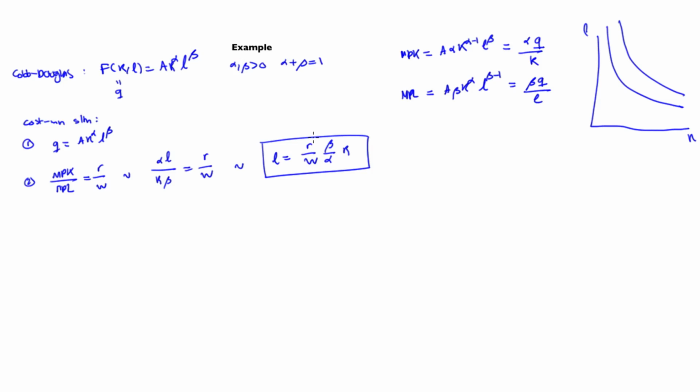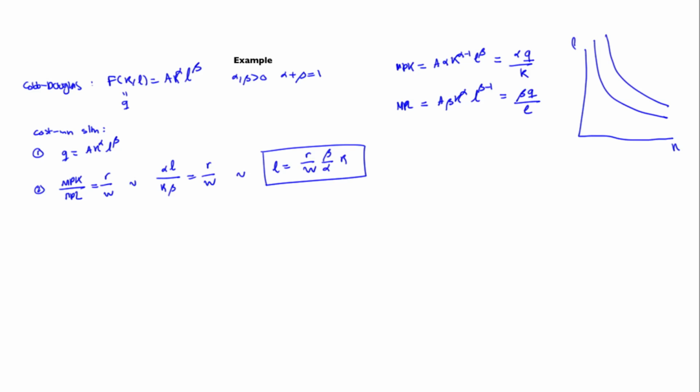The more expensive capital is relative to labor, the more labor should be used relative to capital. And it also increases with the coefficients beta divided by alpha, which also makes intuitive sense. As beta goes up relative to alpha, remember that they sum to 1, labor becomes more important relative to capital and is used more. So that equation makes intuitive sense.